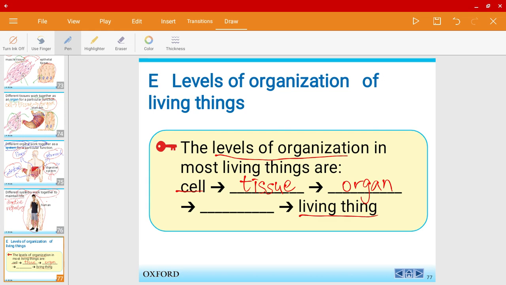So it goes in a flow. So from cell, tissue, organ, and from organs you get a system. And finally, when there are many systems working together, you're able to maintain life of a living thing. All right? So this concept is quite interesting to understand. It shows how the human body works.